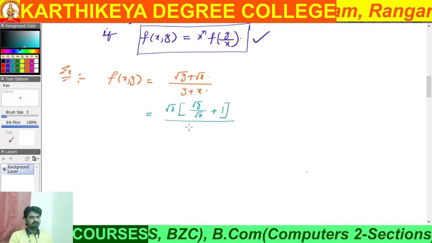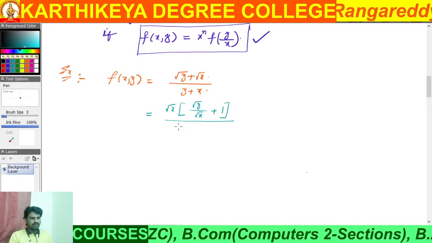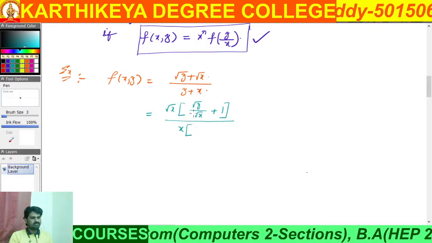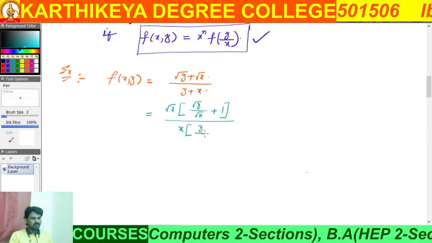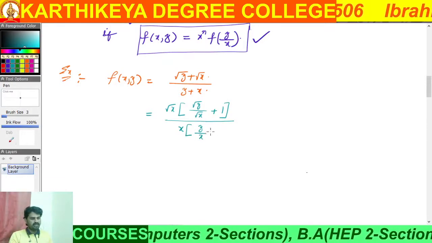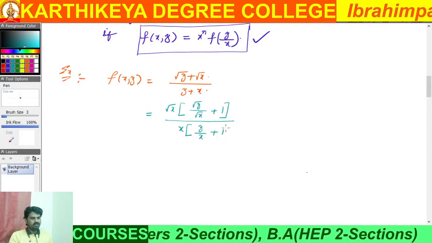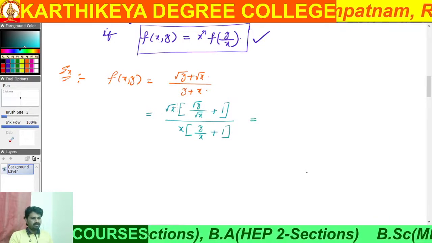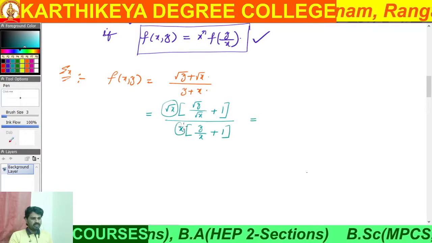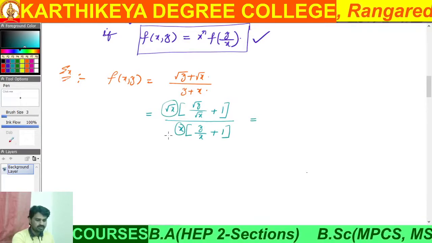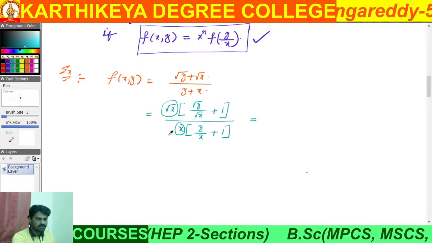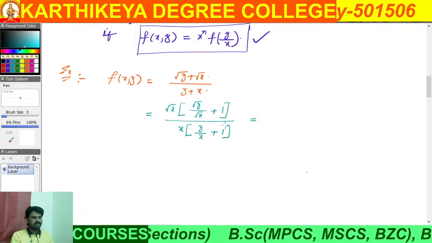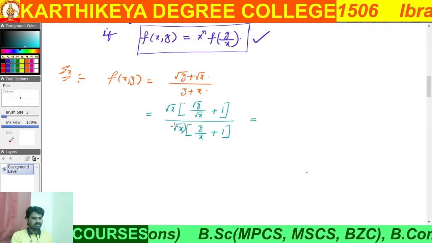Next, in the denominator, if you take x common, the highest power of x is x to the power of 1, that will be taken common. The first term does not contain x, so you can write x in the denominator and 1. If you simplify here, root x and x are the same variable, both with the same base, so you can write x as root x whole square.